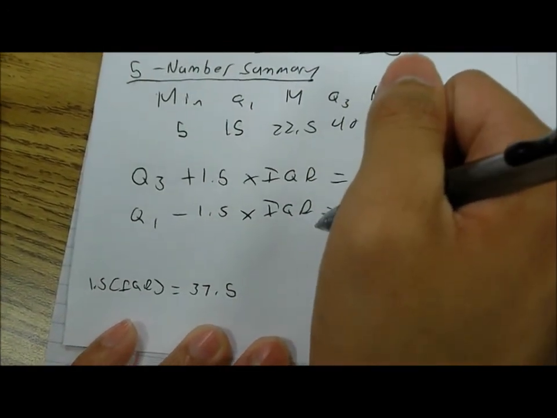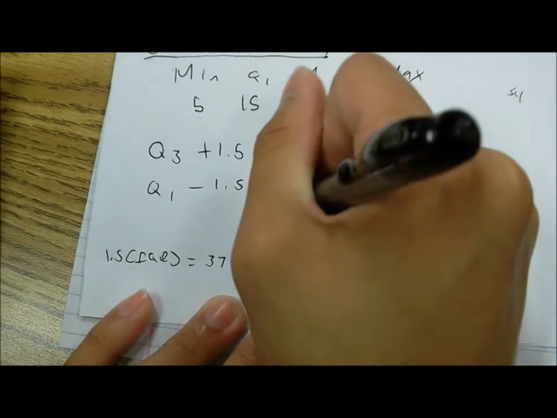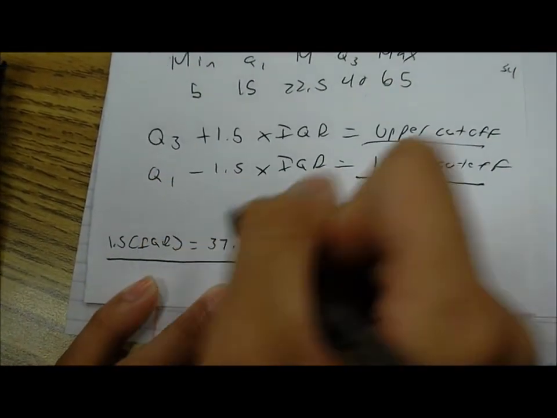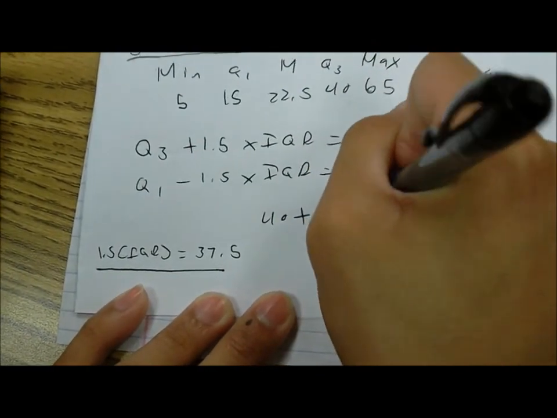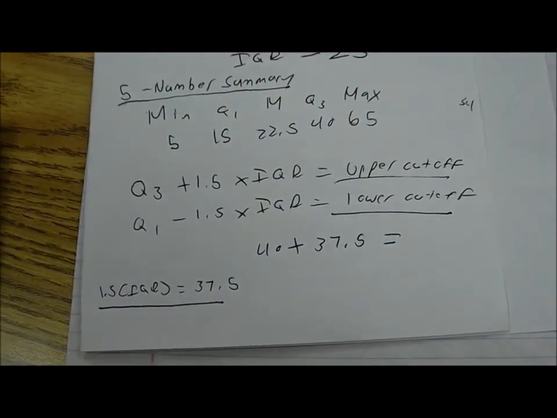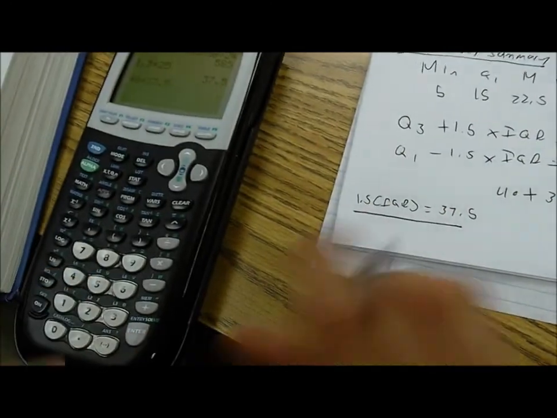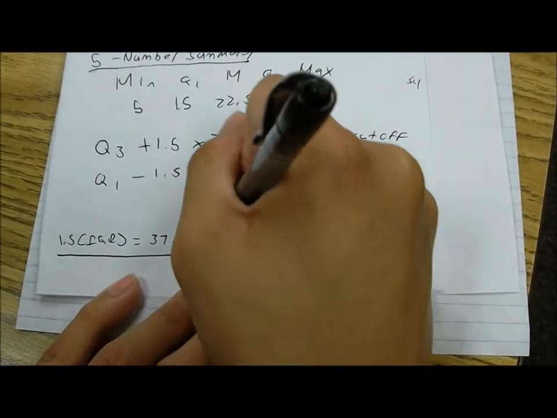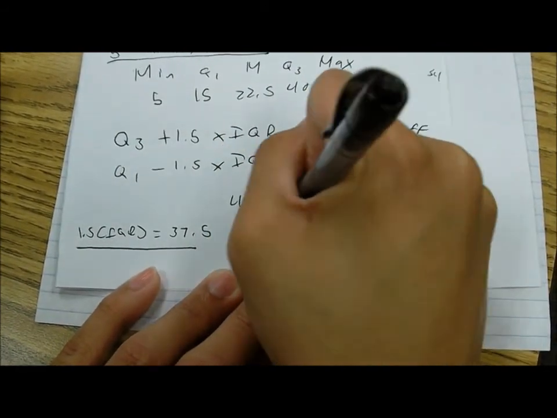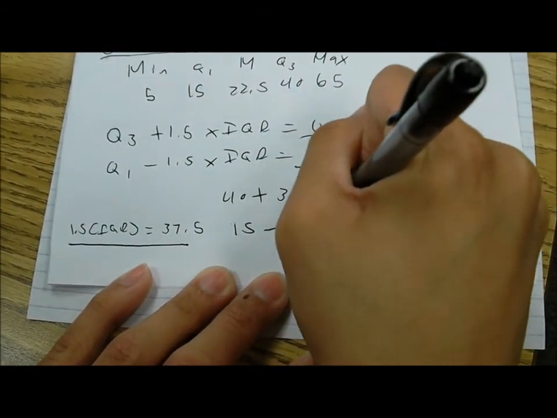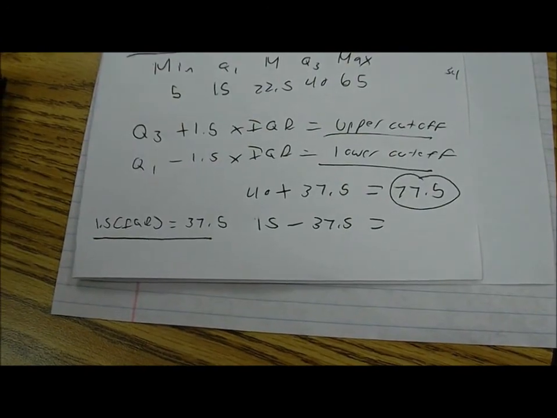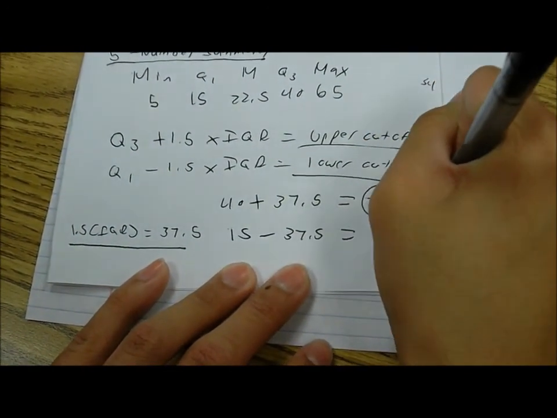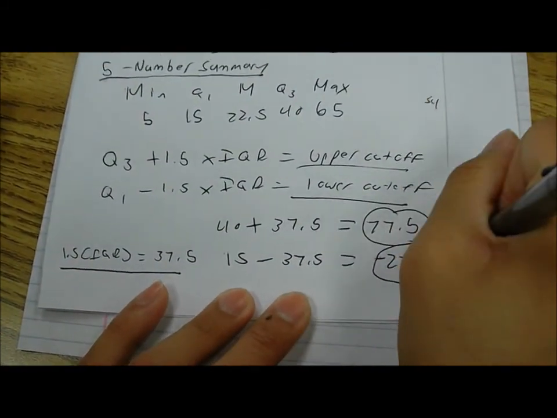So, for example, Q3 is 40 plus 1.5 times IQR, which is 37.5, which would equal 77.5, which is our upper cutoff. The lower cutoff would be 15 minus 37.5, which equals negative 22.5.